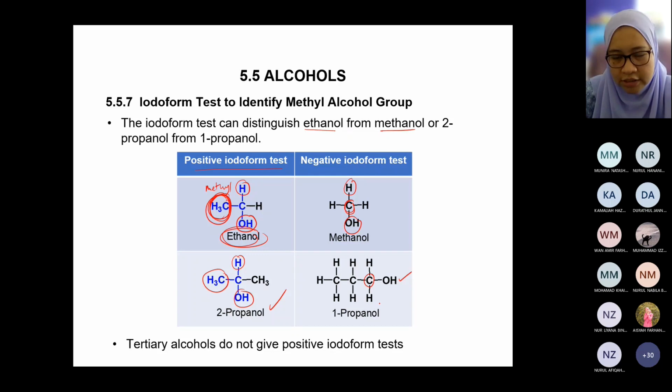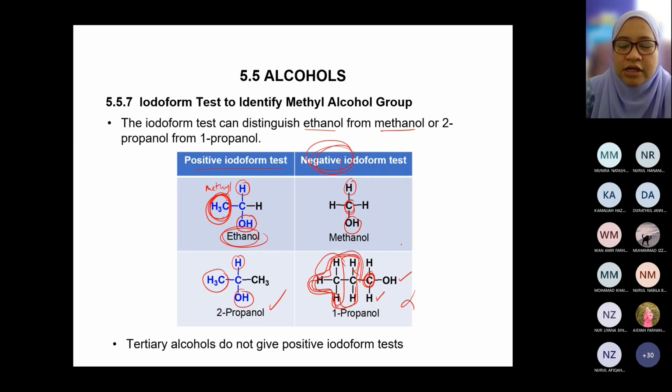But this one is not considered as methyl. This is ethyl group. So dia tak dikira. Okay, jangan tengok yang ni. Ini memanglah methyl, tapi dia bukan macam tu. Dia tengok this group that directly attached to the carbon. So this is ethyl, not methyl. So that's why 1 propanol gives negative result.